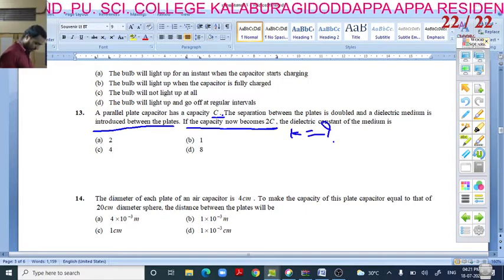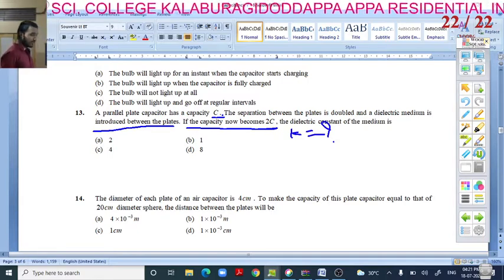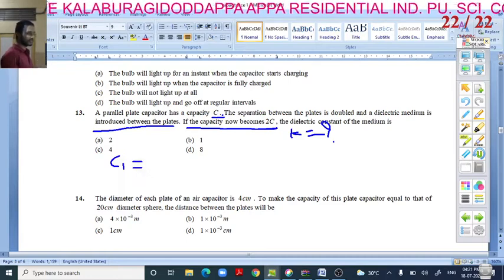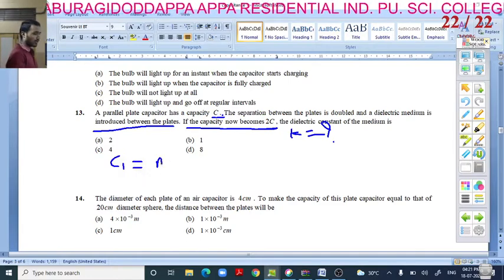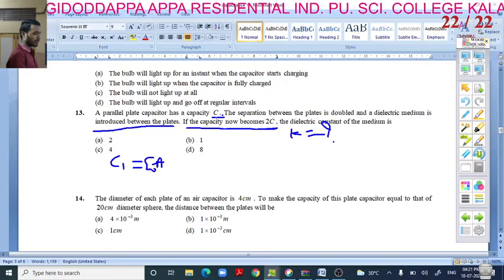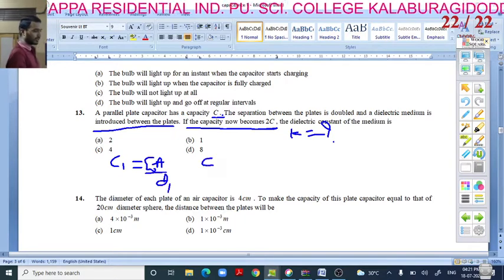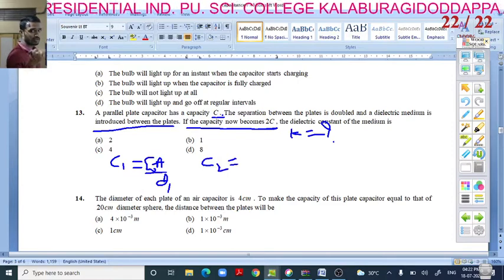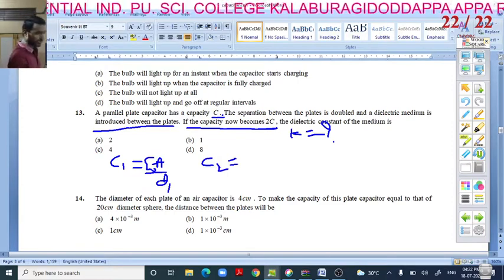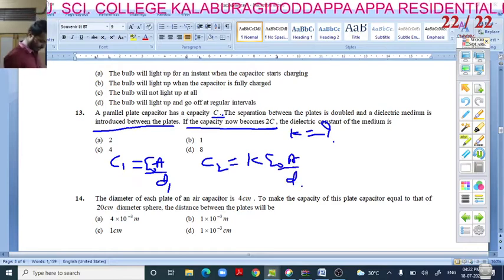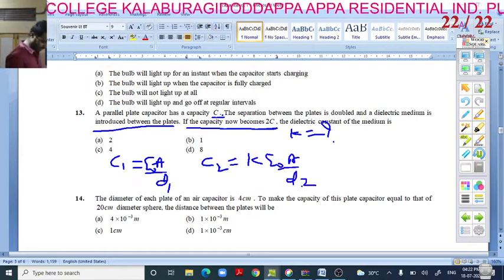So this is our question. First, before doubling, C1 is equal to A epsilon naught divided by D1. This is initial. C2, when we doubled it, I will write C2 is equal to K epsilon A divided by D2, right?